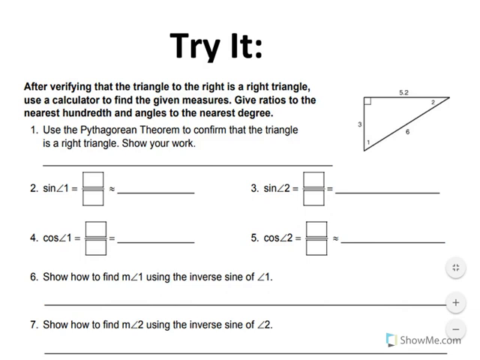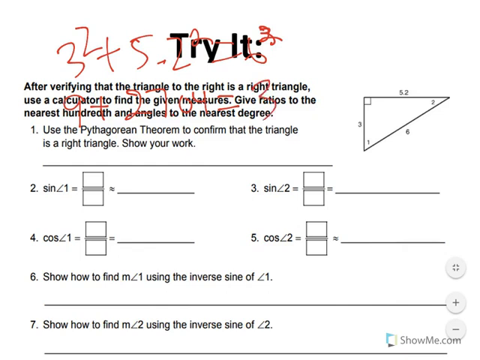Show your work. Right? So then, to show that it's a right triangle, we say 3 squared plus 5.2 squared equals 6 squared. If this is true, then it's a right triangle. So 3 squared is 9, plus 5.2 squared is 27.04, and 6 squared is 36.